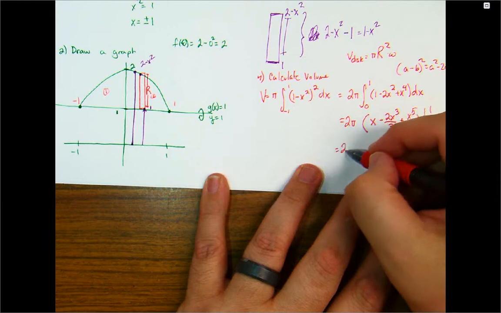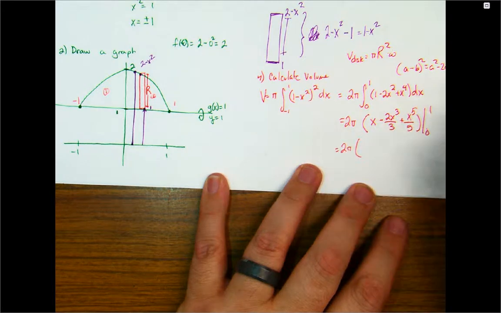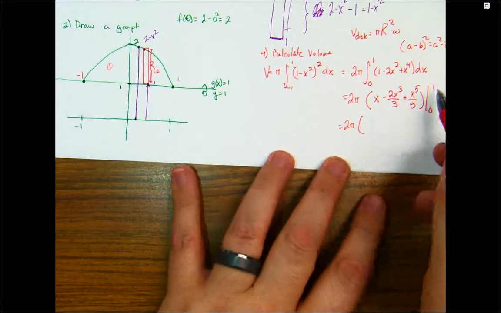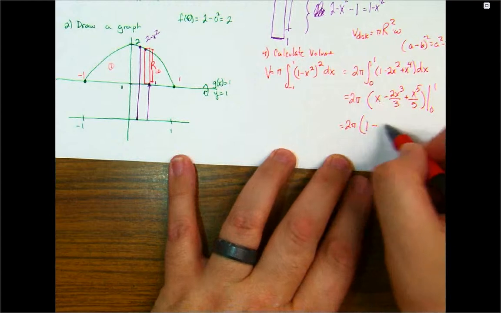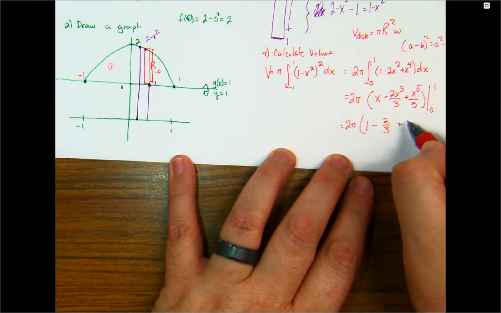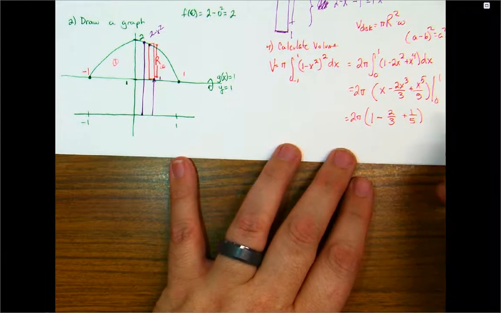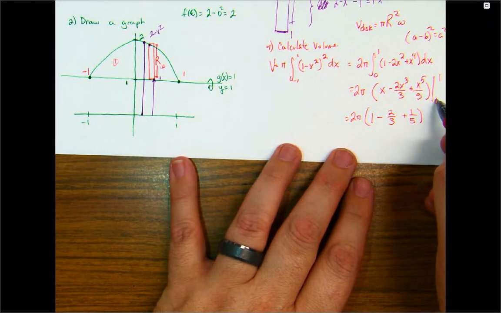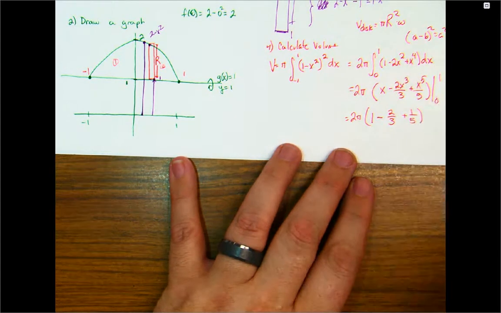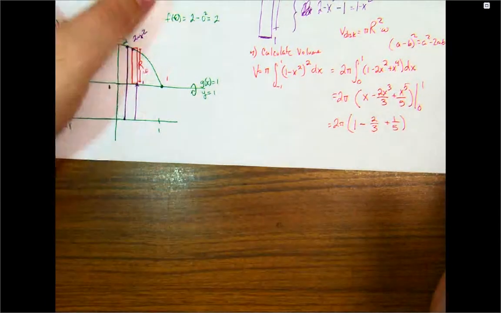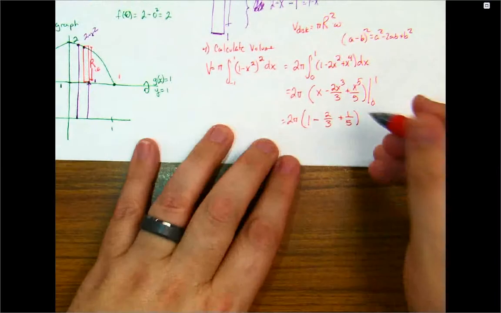Now, thankfully with 1, it's just going to be 1 minus 2/3 plus 1/5. And then if I put in a 0, what do I get? 0. So that's the nice thing about having that. That all becomes a 0. So if I had that, it's minus 0. So I get 2 pi.